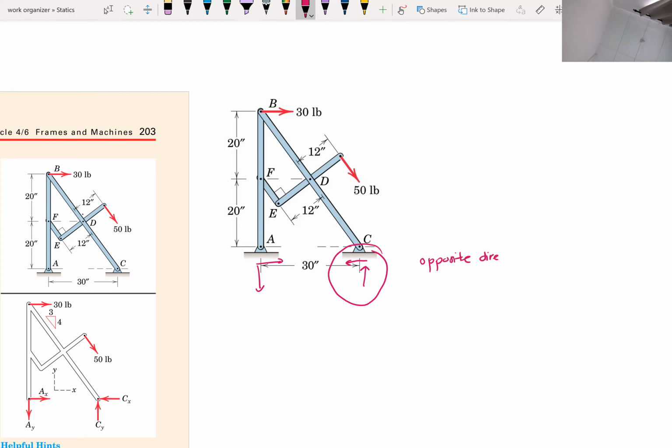Okay, so we take moments at C first, since most of the forces are in the direction of C.